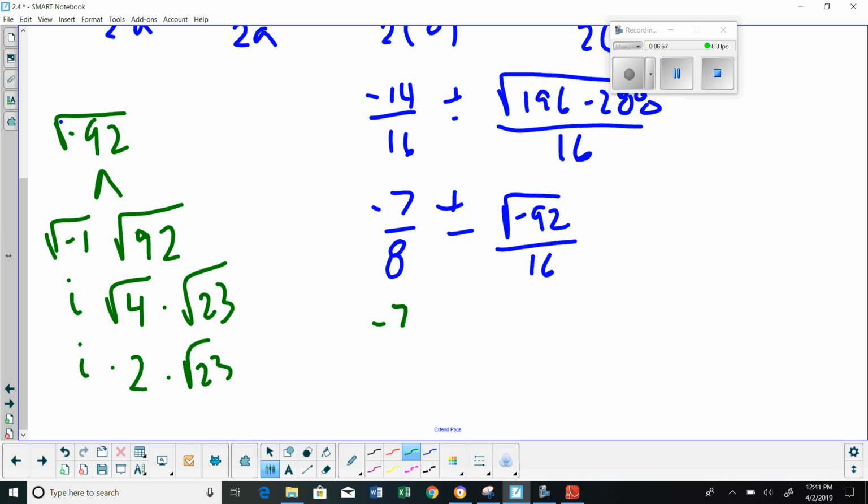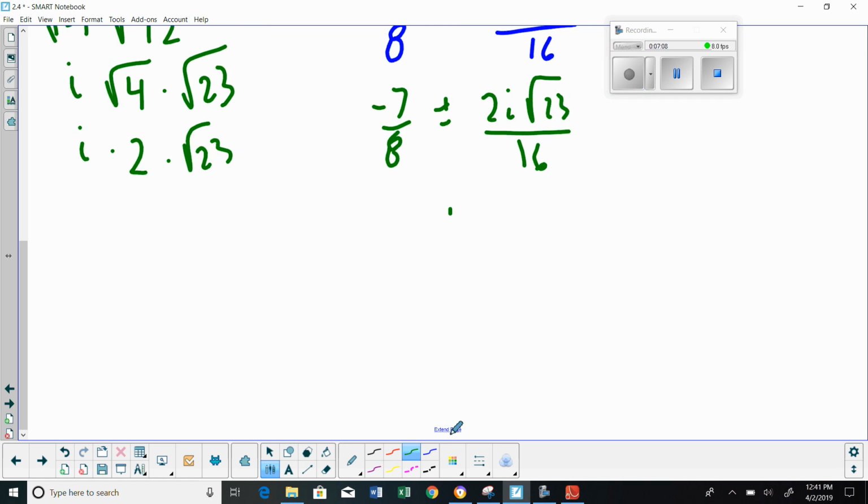So I'm going to get negative 7/8 plus or minus 2i times the square root of 23 over 16. And then I can reduce here, this 2 goes out with this 16. So 2 goes into 2 once and into 16 8 times.